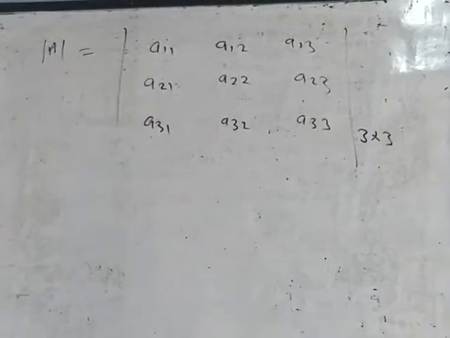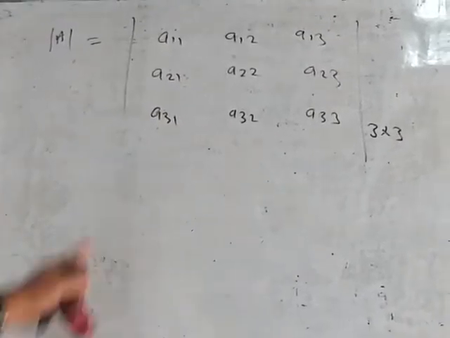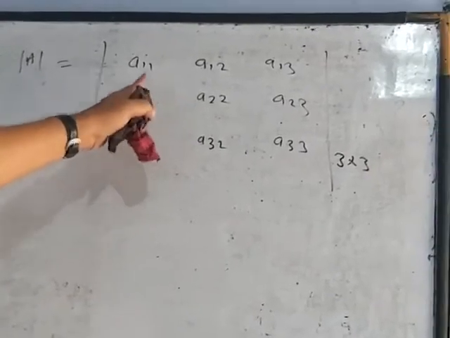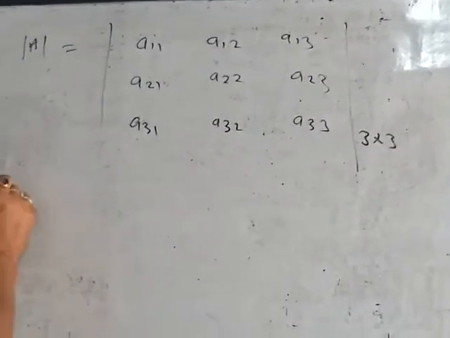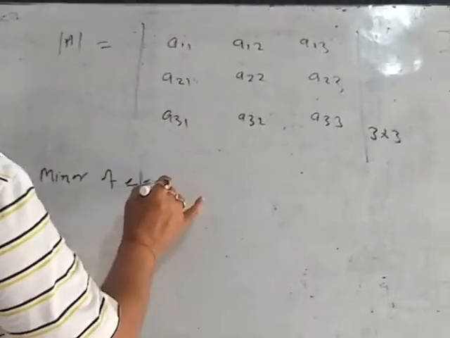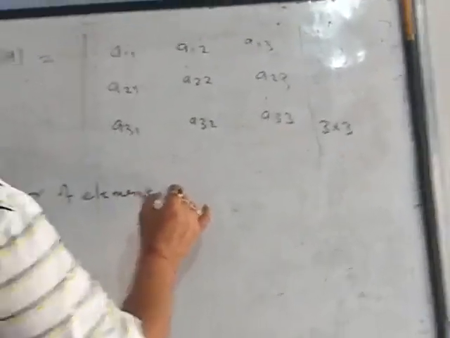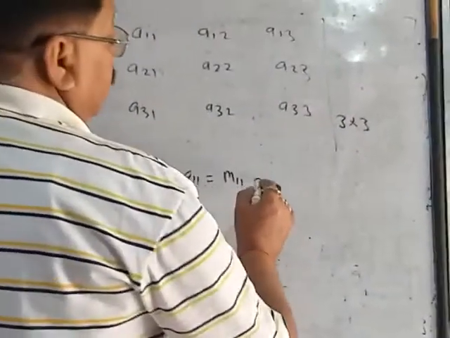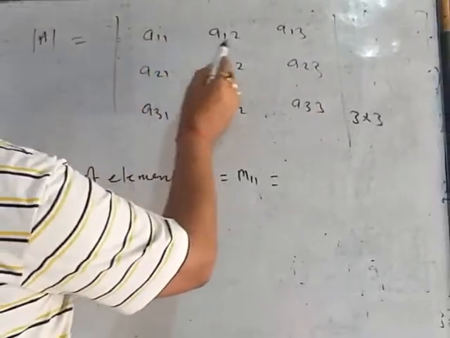If we have to find the minor of a11, how can we find it? Student, the minor of element a11 is represented as M11, and this row and this column will be deleted.